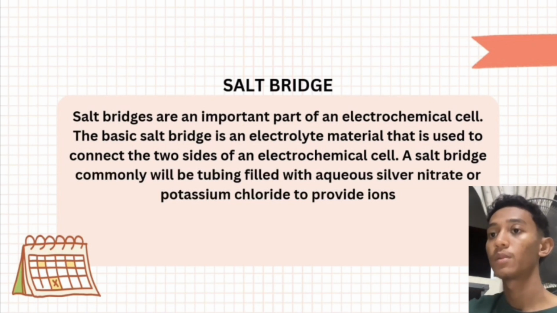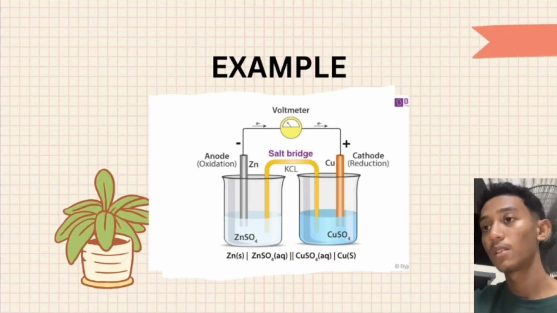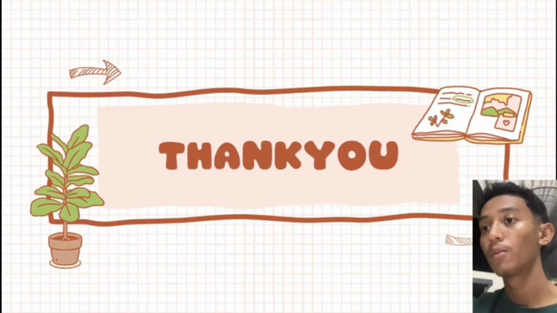A salt bridge is commonly a tube filled with aqueous silver nitrate or potassium chloride. This is an example of a salt bridge. That's all from me. Thank you.